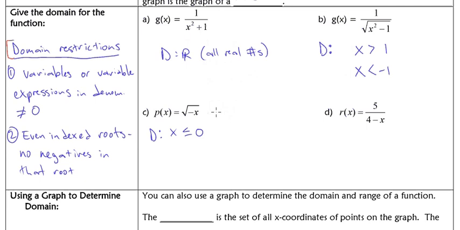All right, and then you could also write this in another way. In interval notation, this is the numbers including 0 all the way to negative infinity. Oops, not negative 8. Negative infinity.